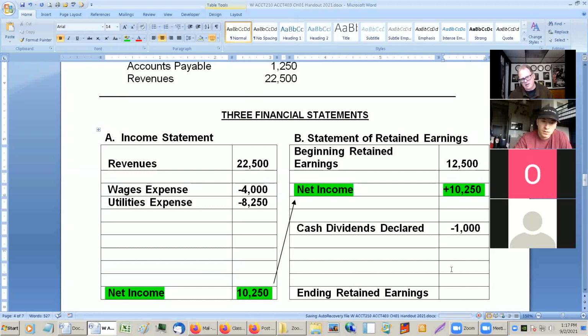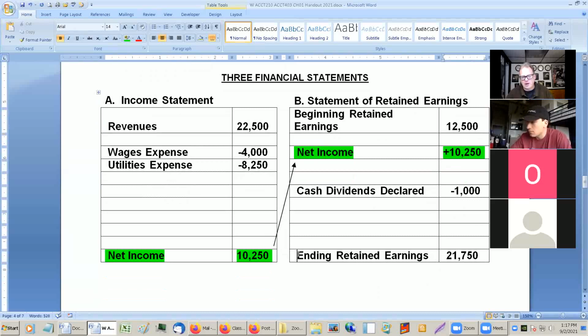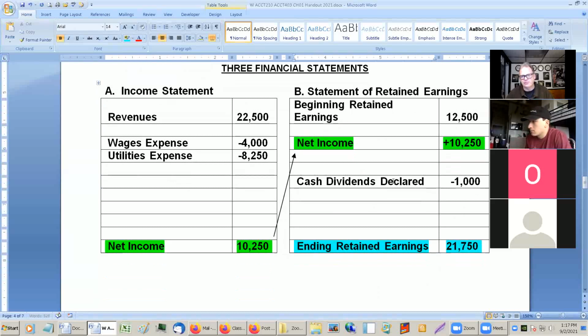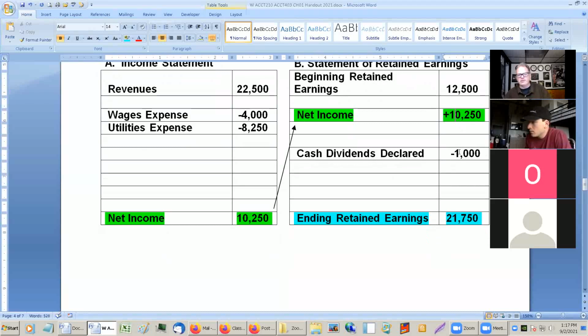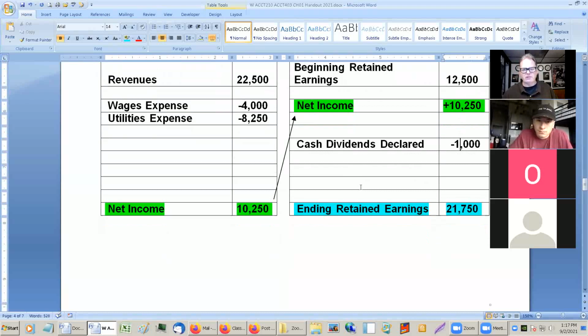Okay, so what is that? 21,750. So this will be our ending retained earnings. This is how much the owners have in the piggy bank at the end. Put in 10,250, they took out 1,000, and it's left over.